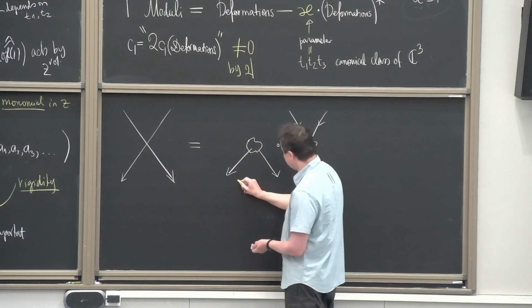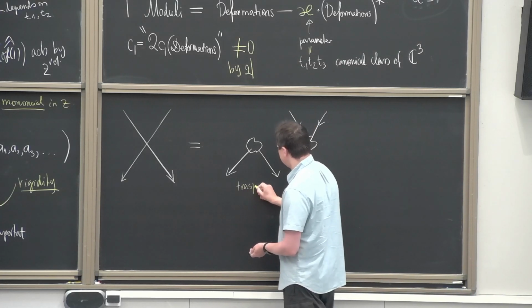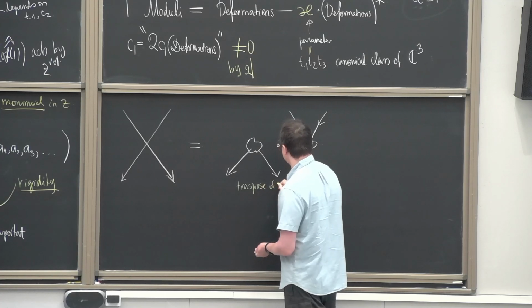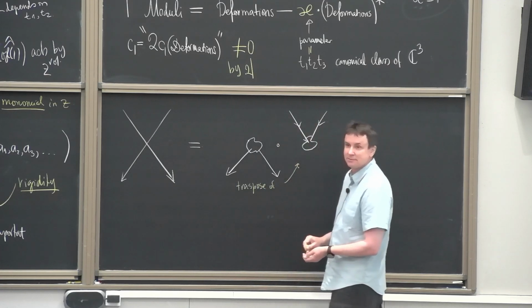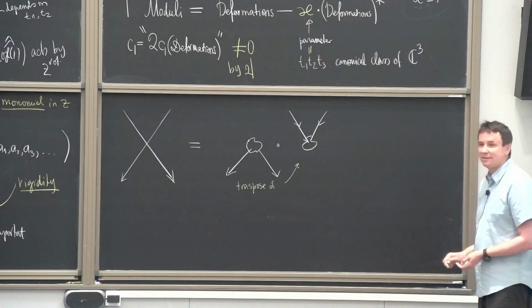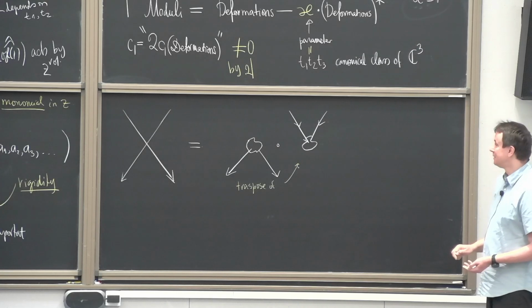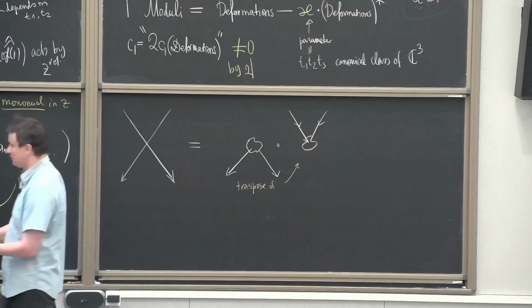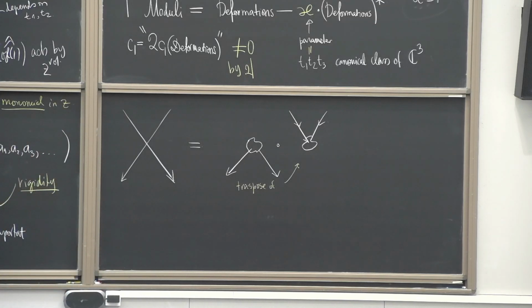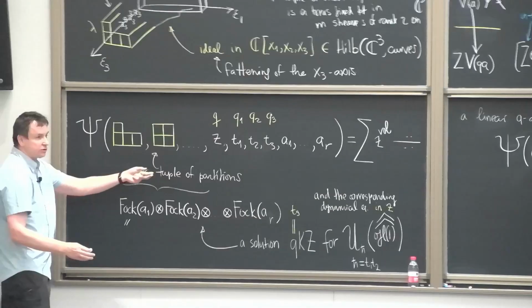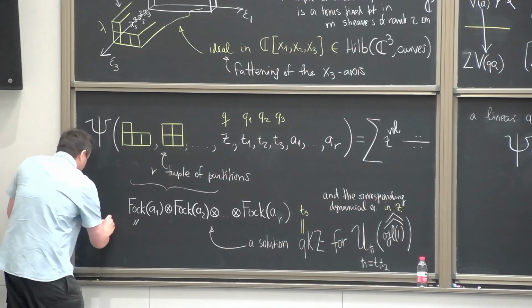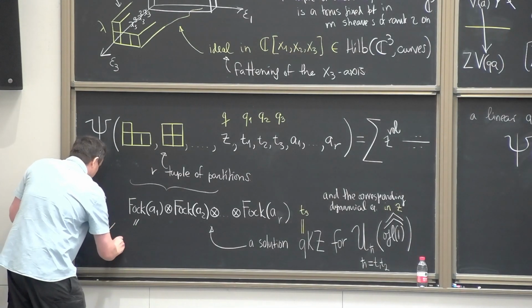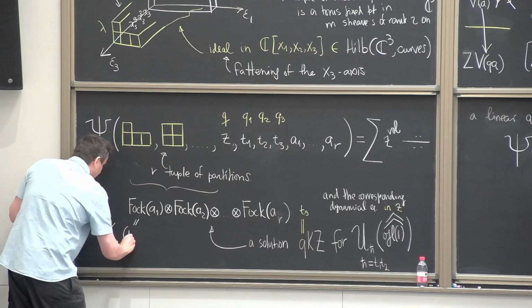In fact, this operator is just the transpose of this operator. And so geometrically, what is this Fock space? It's some module over this group. What it is is equivariant K theory of the Hilbert scheme of points.